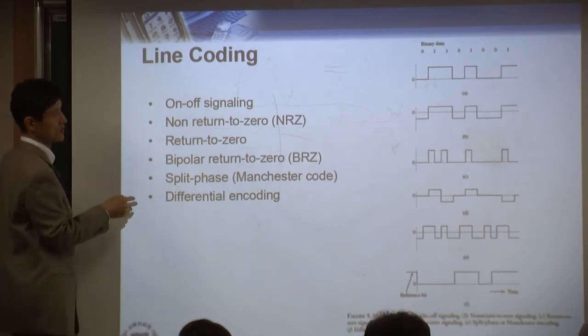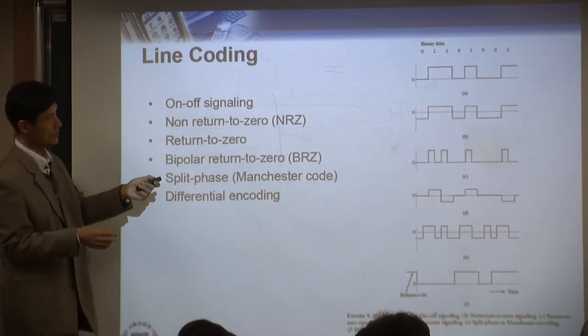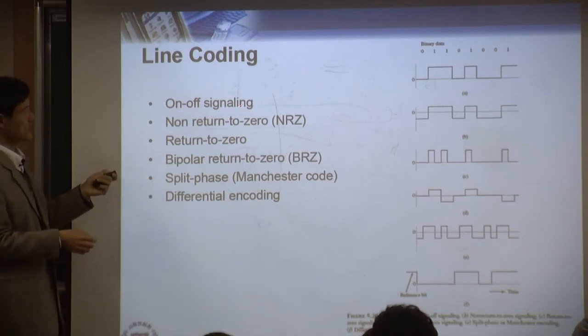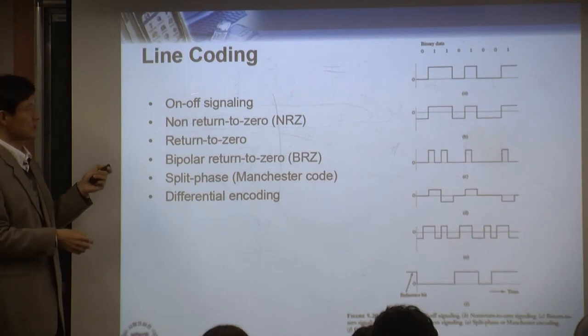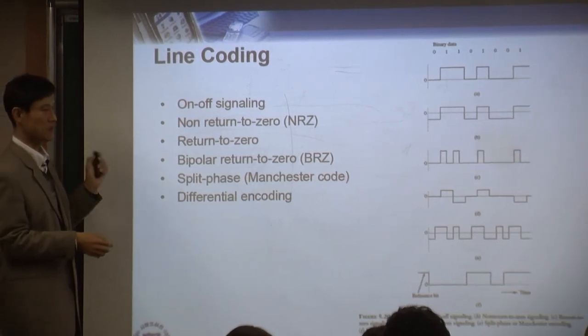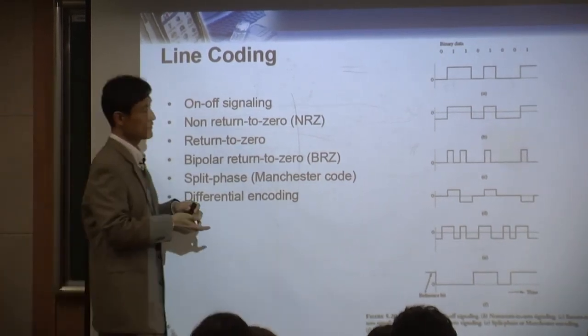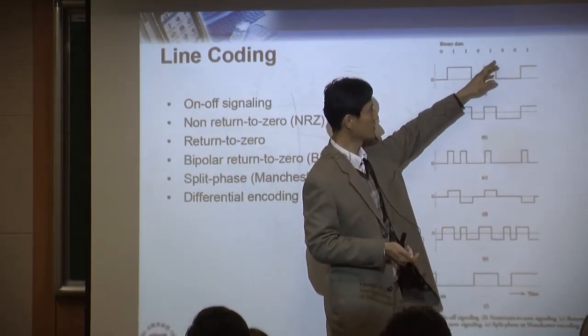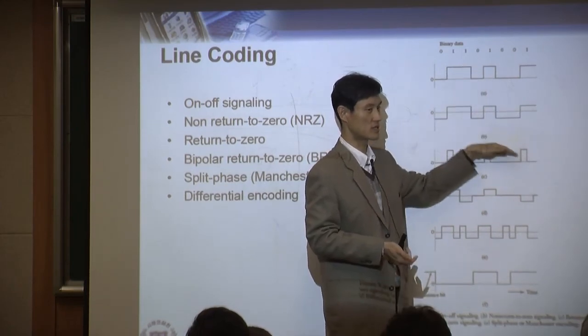On-off keying is a simple one, right? When you have a 1, you have on. When you have 0, off. But on-off keying typically has some problems, and NRZ as well. The problem is, if you have a 1, 1, 1, 1, 1, 1 sequence, you have always on, but if you have a 0, 0, 0 sequence, you have always off.